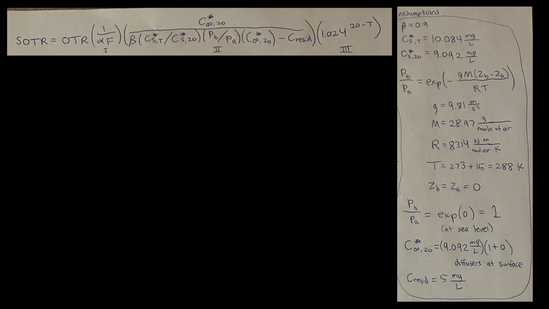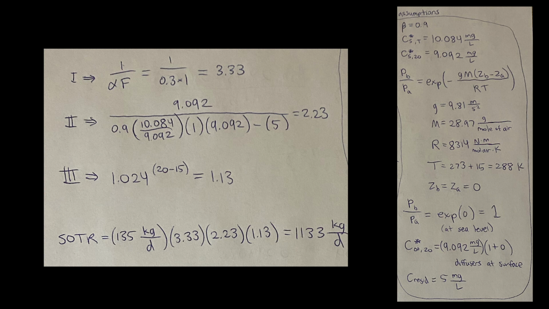But if we were to use this approach for a system located above sea level, we would use the standard values for G, the gravitational constant, the grams per mole of air, 28.97, and then our standard values for R, our temperature, as well as the elevation at the site relative to the elevation at sea level.